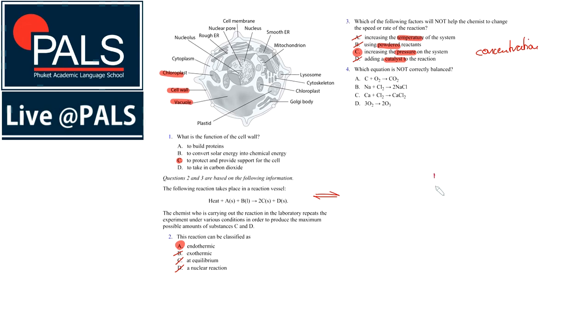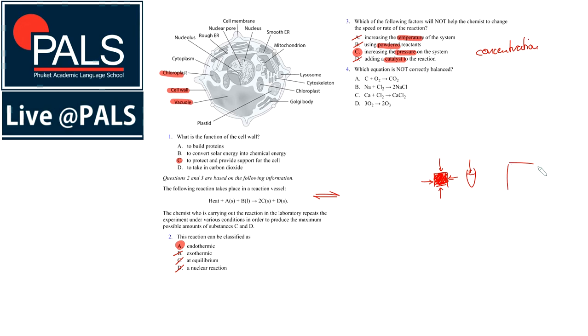Now if we have a solid or as well a liquid, and we apply pressure to the solid or the liquid, nothing really changes about the solid or the liquid under pressure. Solids and liquids are not compressible.